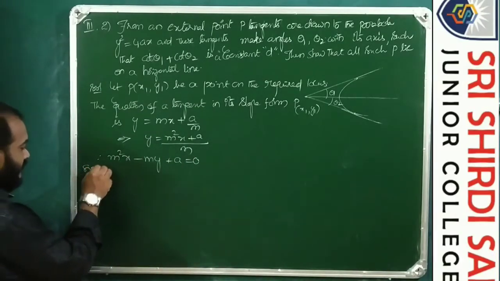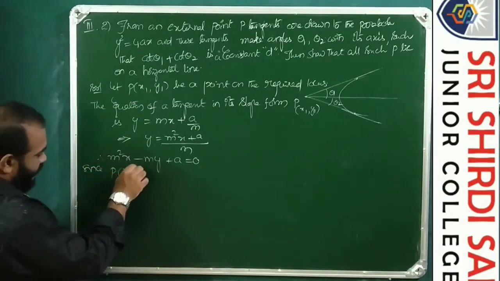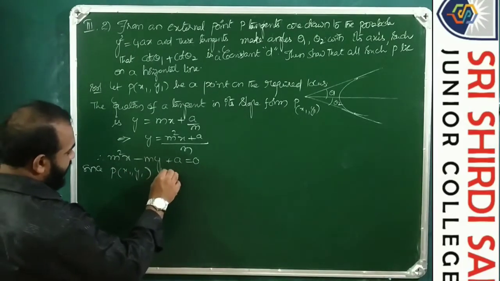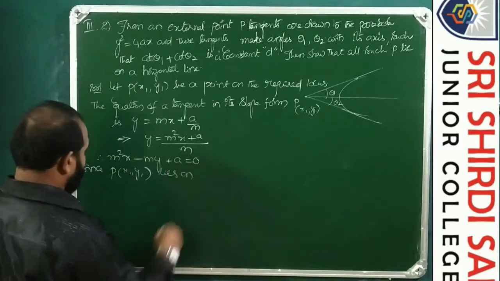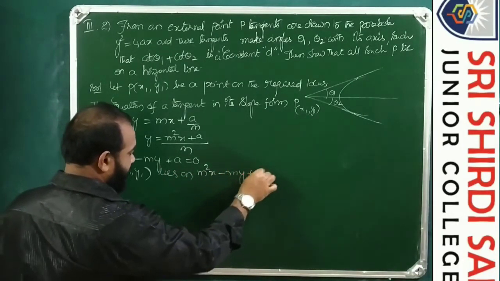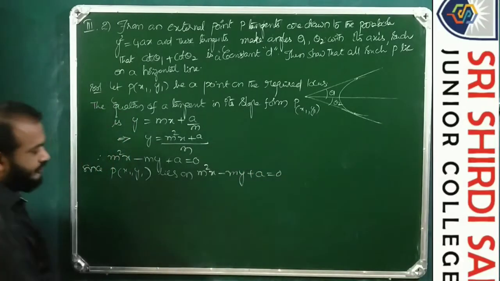Since P x1 y1 lies on m square x minus my plus a equals to 0.